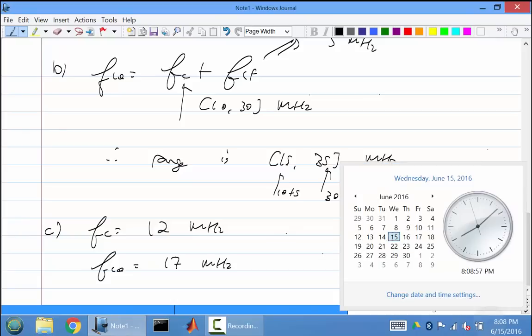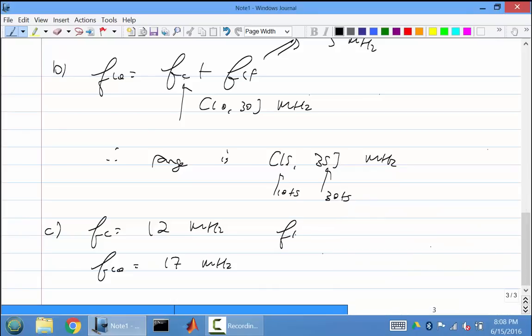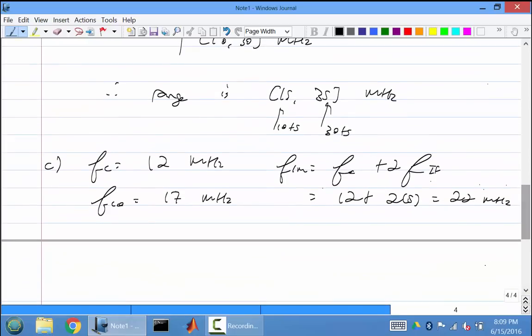And the image frequency is equal to the carrier plus twice the intermediate frequency. So this becomes 12 plus 2 times 5, which is 22 megahertz. So that's the image frequency.